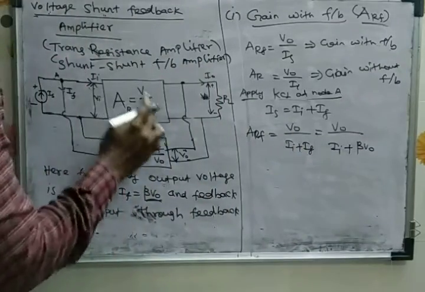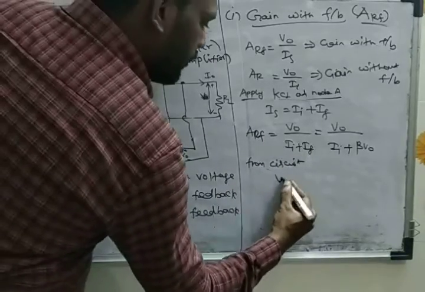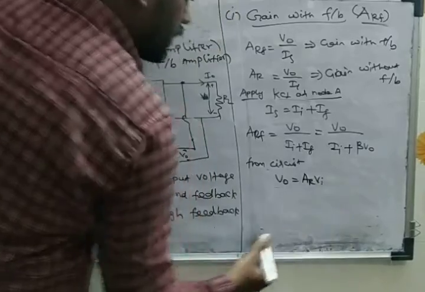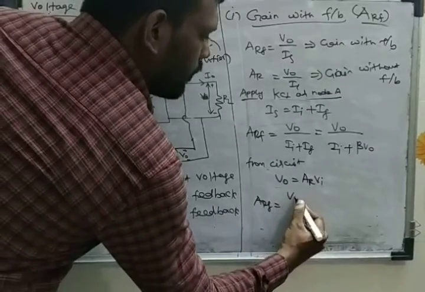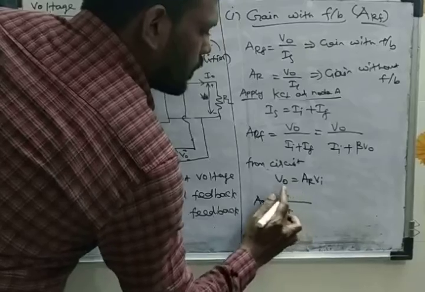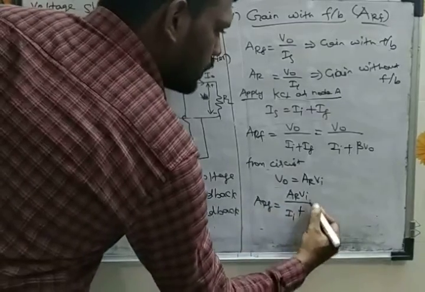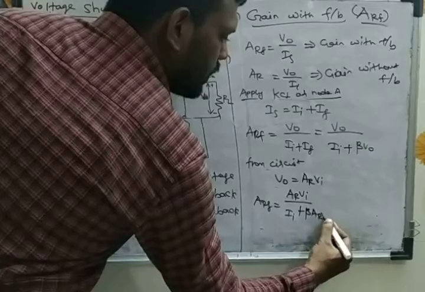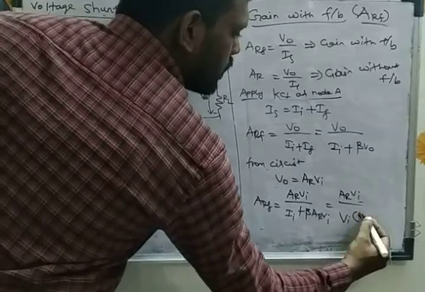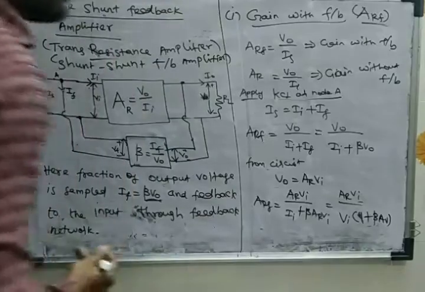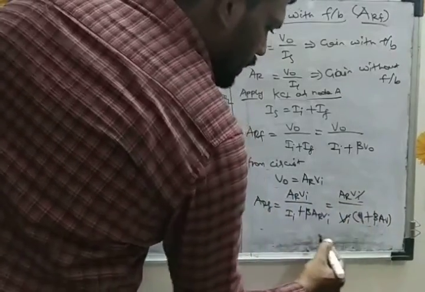Replace IS with IA plus IF. Then eliminate the feedback current IF with IF equal to beta V naught. Then replace this V naught. From the circuit you have V naught equal to AR into IA. So ARF is equal to V naught by IS, which is AR IA divided by IA plus beta into AR IA. Take IA as common, you will get 1 plus beta AR. IA gets cancelled.